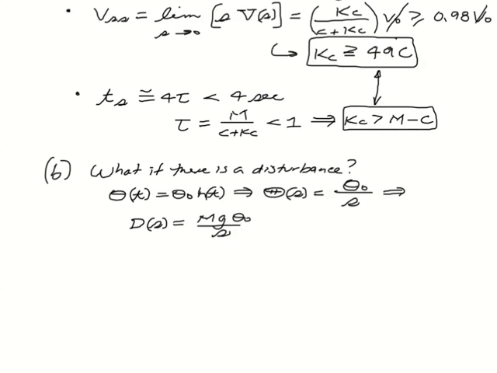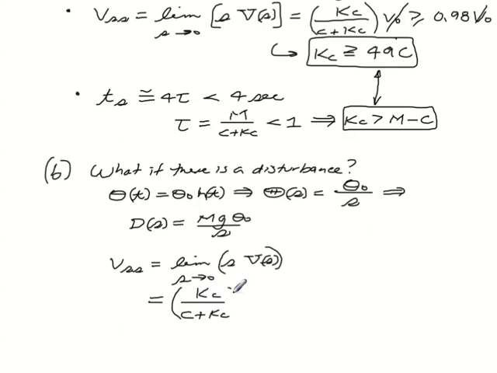So now we do the final value theorem again and see that Vss, which is the limit as s goes to 0 of s times V(s). Now with both the disturbance and the input speed, what we find out here is that the steady state speed goes as we saw before, Kc divided by C plus Kc, multiplied by the desired speed V naught, minus the weight mg divided by C plus Kc, times the angle of inclination of the road.